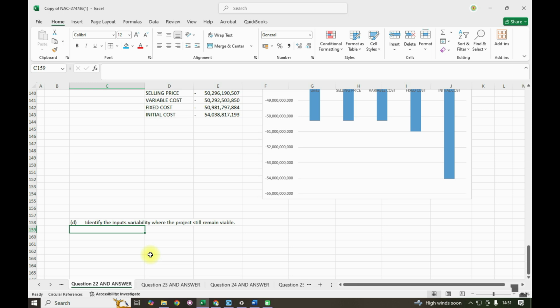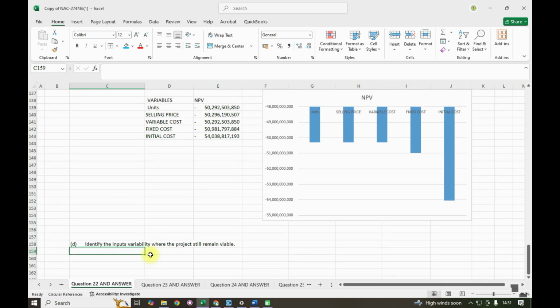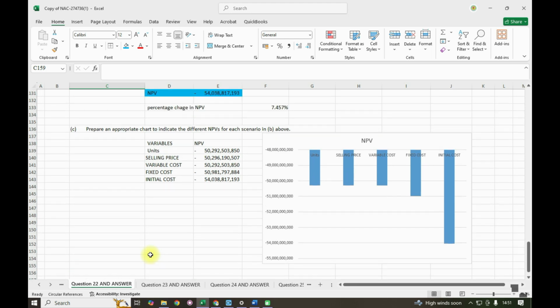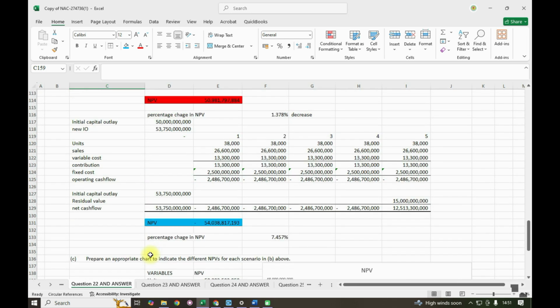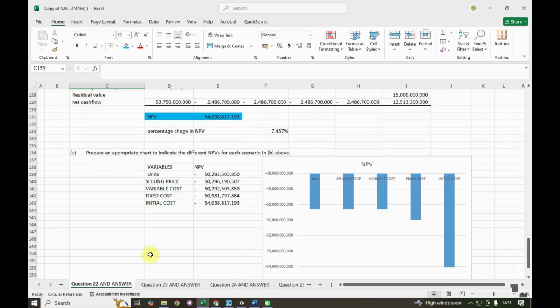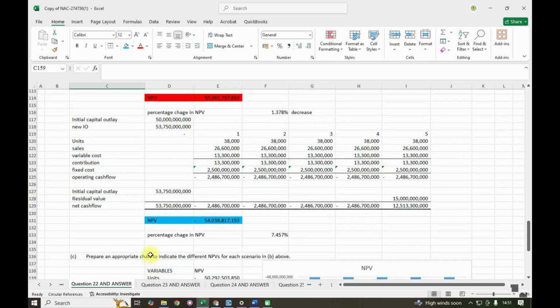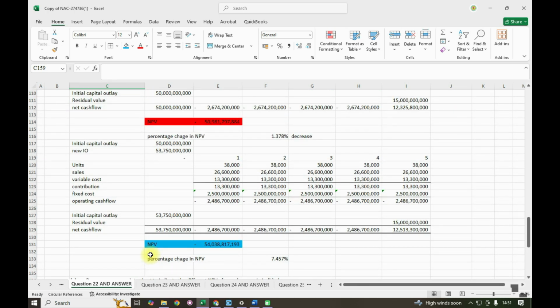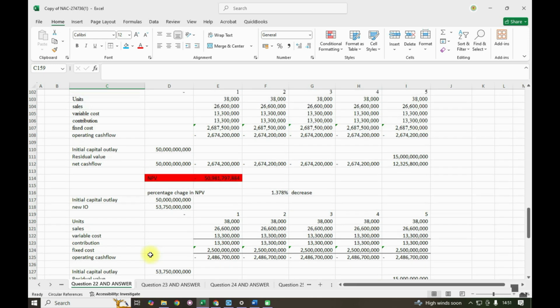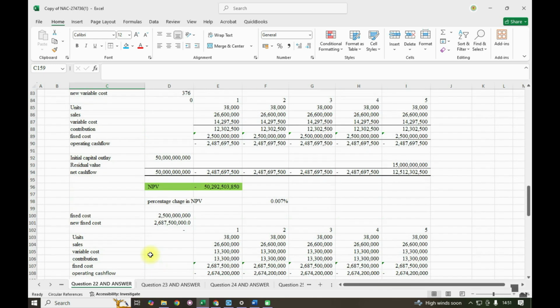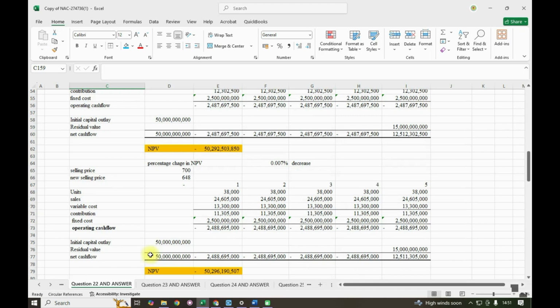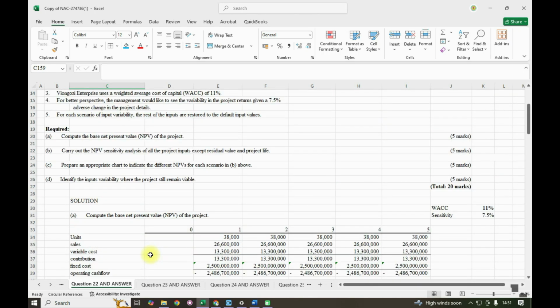So we need to find the input variability. How will the inputs change so that the project remains viable? Remember, under these, already the project was not viable.